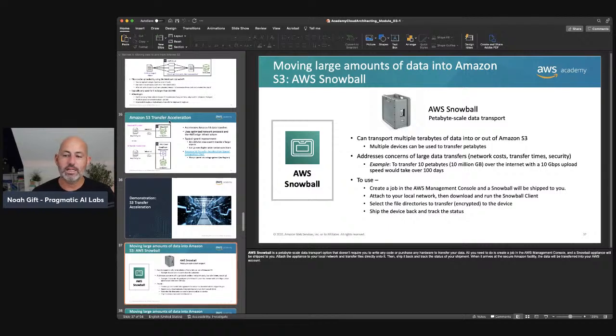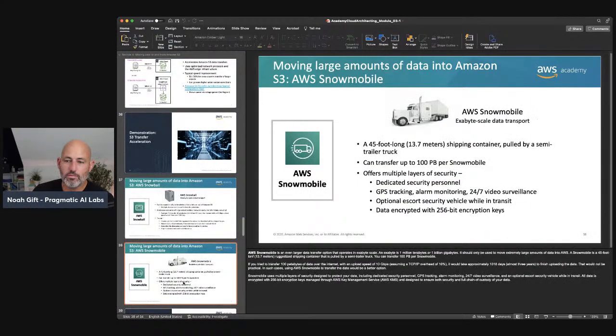In the example they're quoting, to transfer 10 petabytes over the internet, even with a 10 gigabit upload, it would take you 100 days. If you just physically ship the Snowball drive and mail it to AWS, you're going to get it there much, much faster. So there is actually a use case for Snowball.